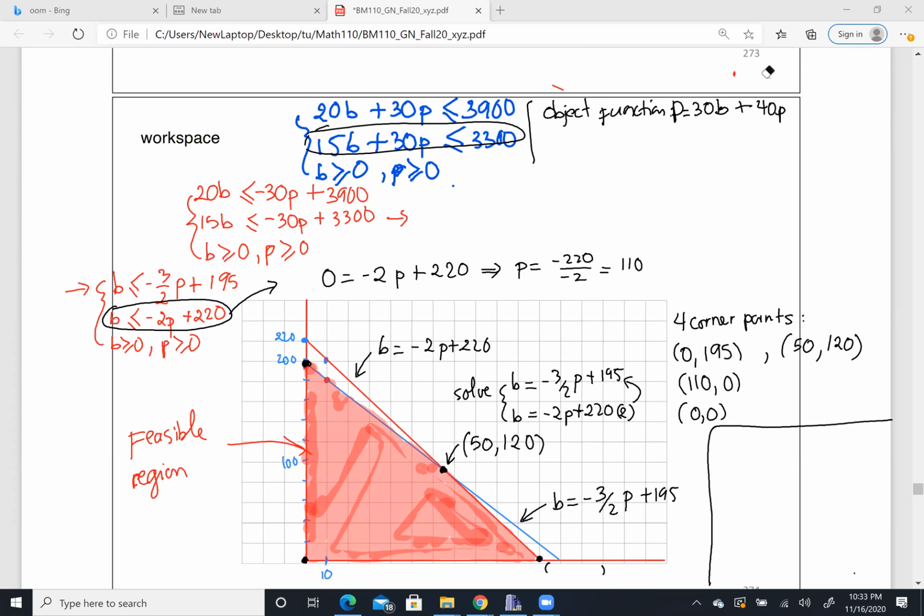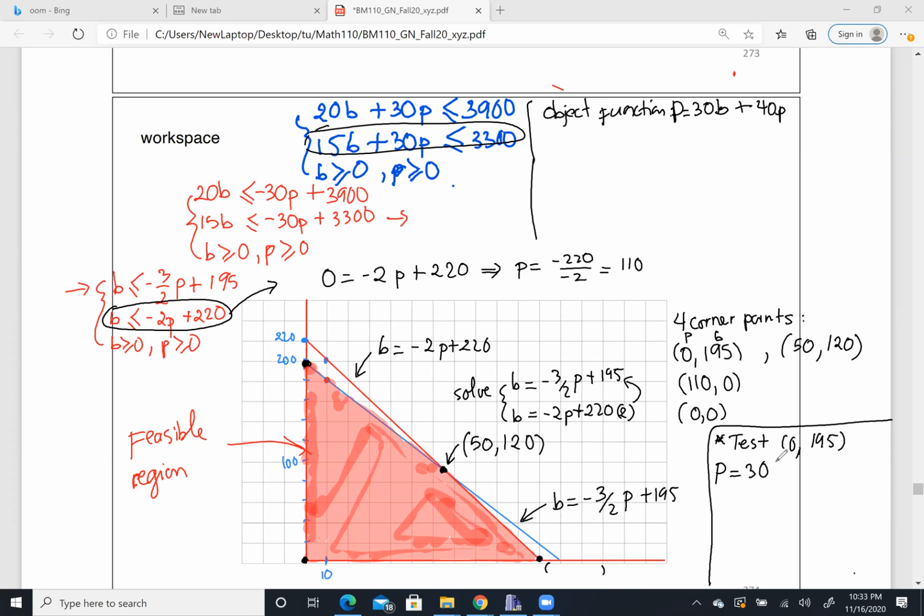Now let's test 0, 195 first. Okay, let's see. So I have p equal to 30. Remember that's 195, 0. The first is p and the second is b. Okay, so don't mess up with that.